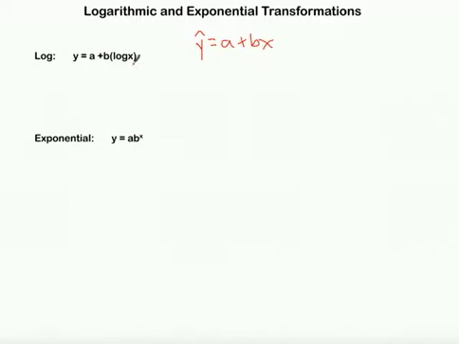If I were to graph this, it would give me something like a straight line. But if I'm looking at an exponential like y equals a times b to the x, this one doesn't look at all like this. So what I have to do is get this x out of the air. The only way I can get an exponent out of the air is to log both sides, so I'm going to log both sides so that it looks like this.